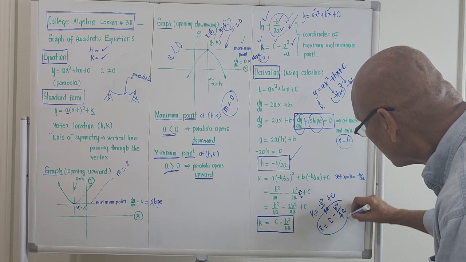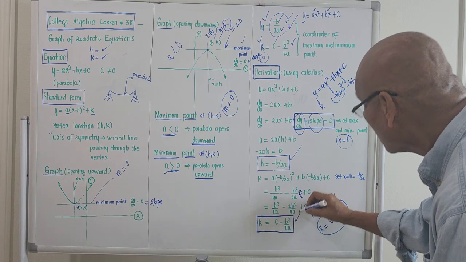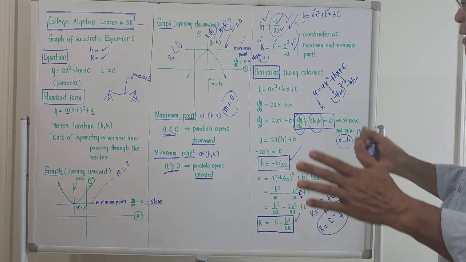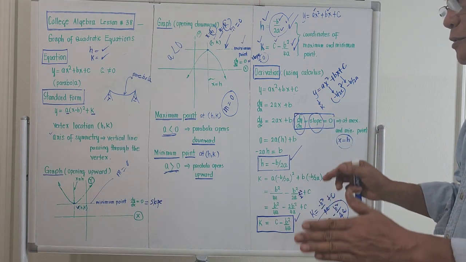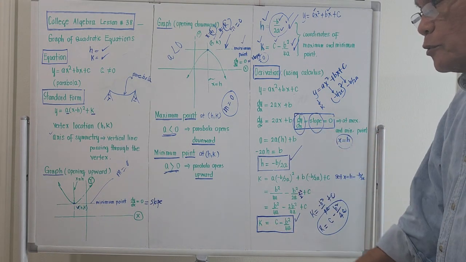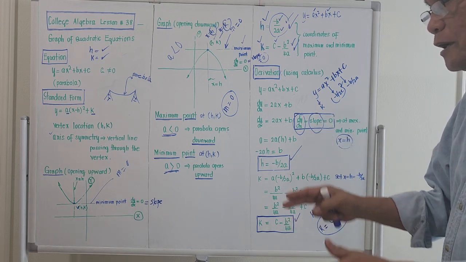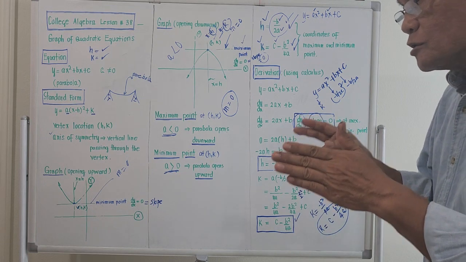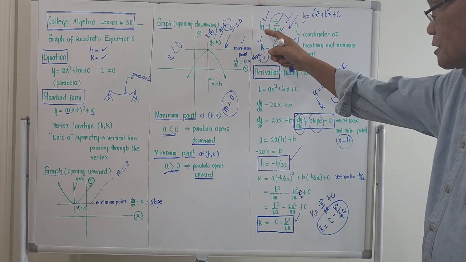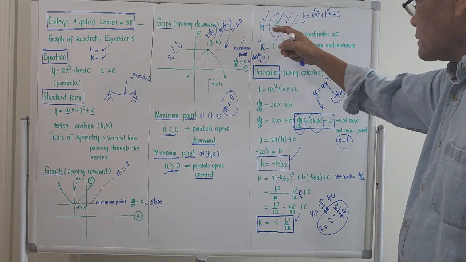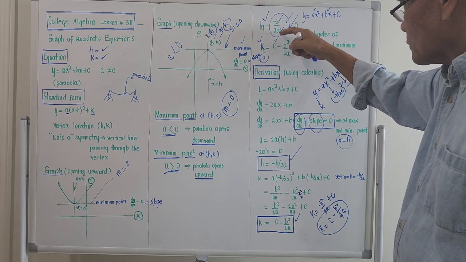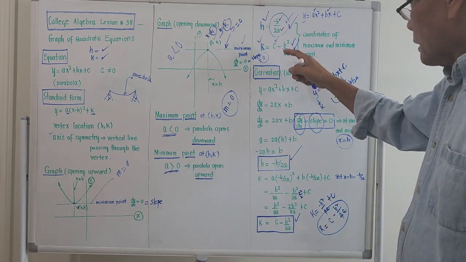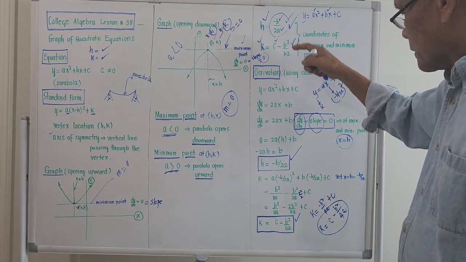So this one here is actually this, and it was this. The derivation of the coordinates of the maximum and minimum point for a parabola was actually derived from differential calculus, so memorize this by heart. The abscissa of the maximum and minimum point is given by negative b over 2a, and the ordinate is c minus b squared over 4a.